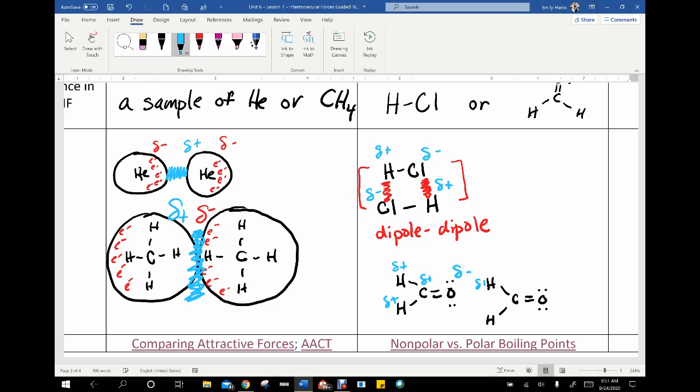So what we would get is an interaction between that negative oxygen side and the positive hydrogen and carbon side. So again, you've got dipole-dipole forces, the dipole of one molecule interacting with the dipole of another molecule. And as long as the molecules are polar, they can do these types of interactions.